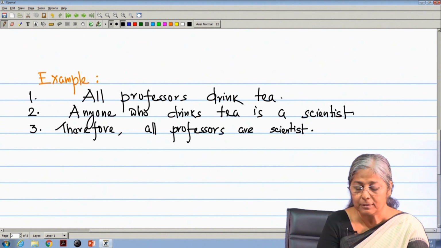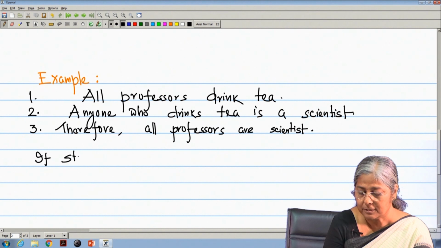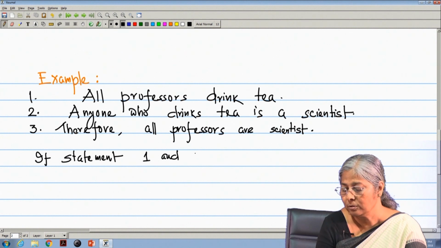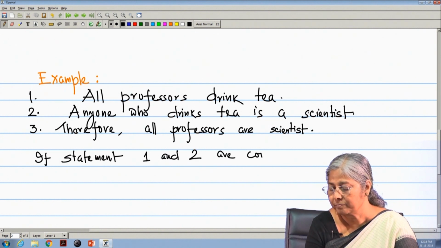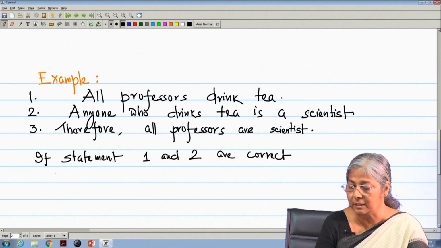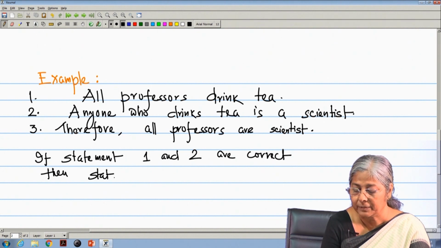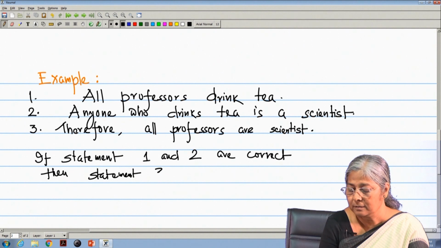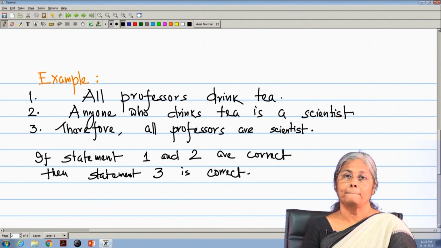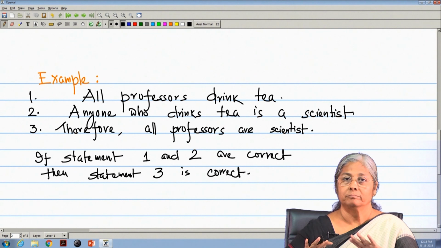But if 1 and 2 are correct, then 3 is correct. So, this means the logic.